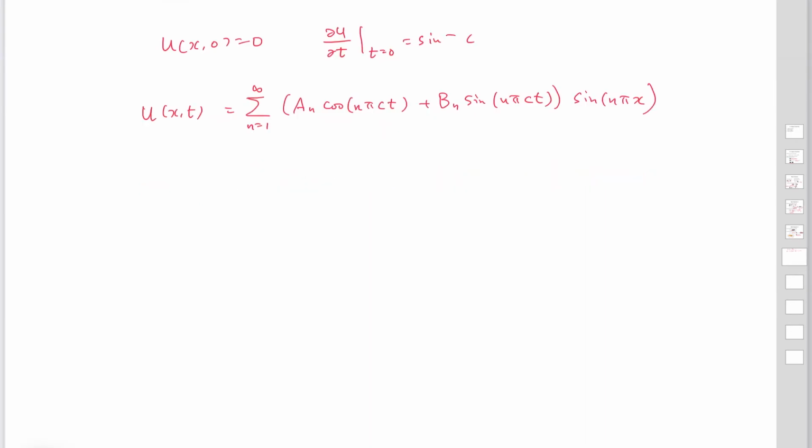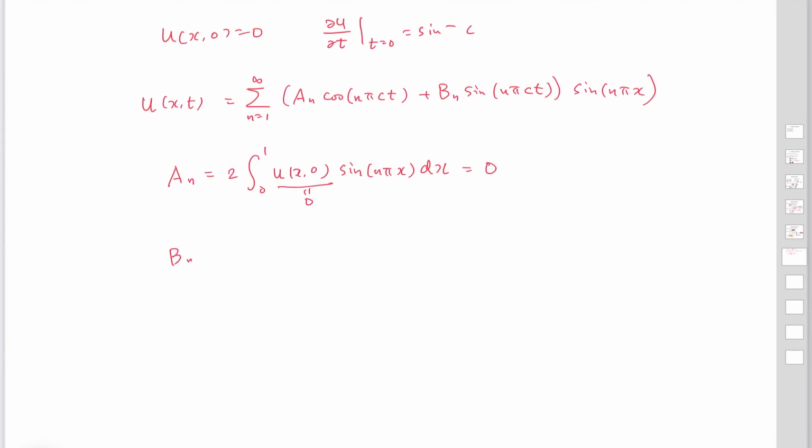To determine a sub n and b sub n, you need to calculate. a sub n is 2 times the integral from 0 to 1 of u(x,0) sine n pi x dx. This is 0, so a sub n becomes 0.